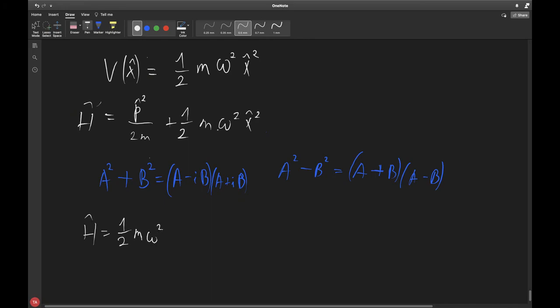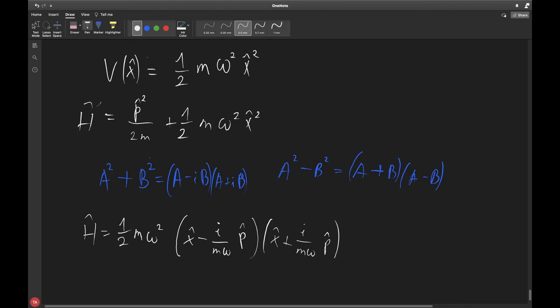Those are just numbers, so we can take that out for a bit, and then we get x operator minus I over m omega times the p, because for the p we didn't have that, so when I factorize it out, it's going to be in the denominator, and the same thing with the plus sign, I over m omega times the p operator.